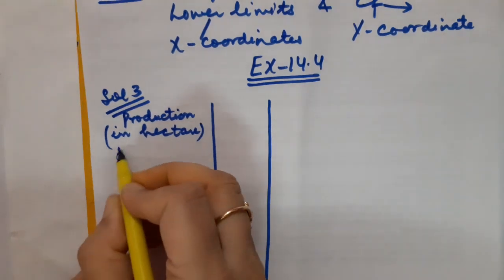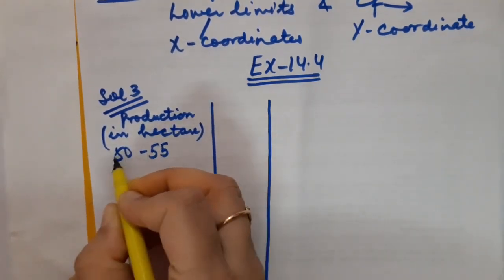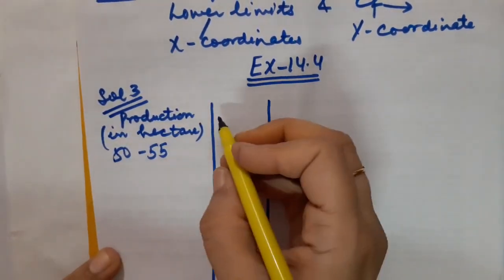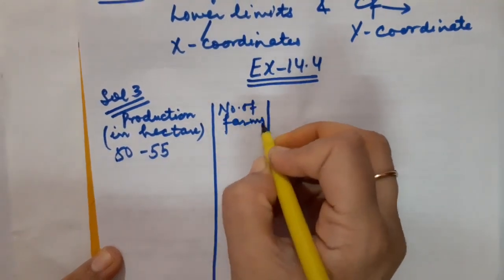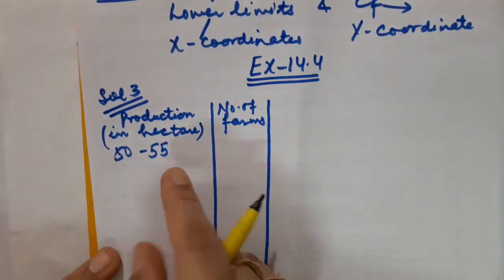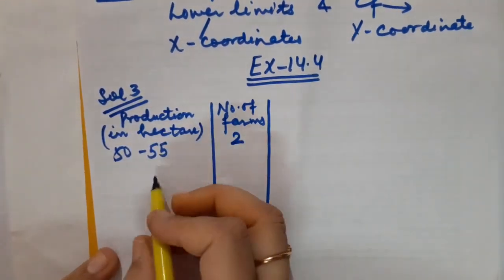So from 50 to 55, how many farms are there? Number of farms where the production is from 50 to 55 hectare, there are 2 only.